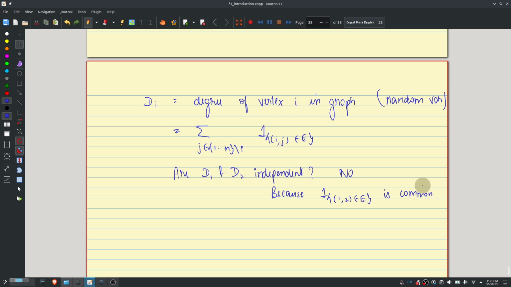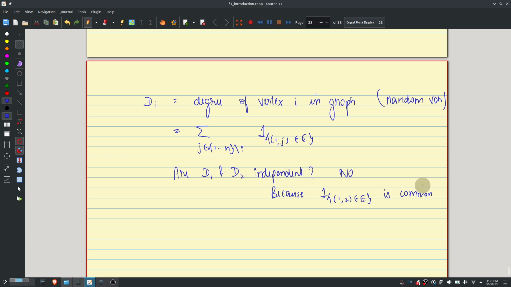And in fact, as you rightly pointed out, if you just take the case where the degree d1 is n minus 1, you know that the degree of 2 has to be at least 1. So they cannot be independent.